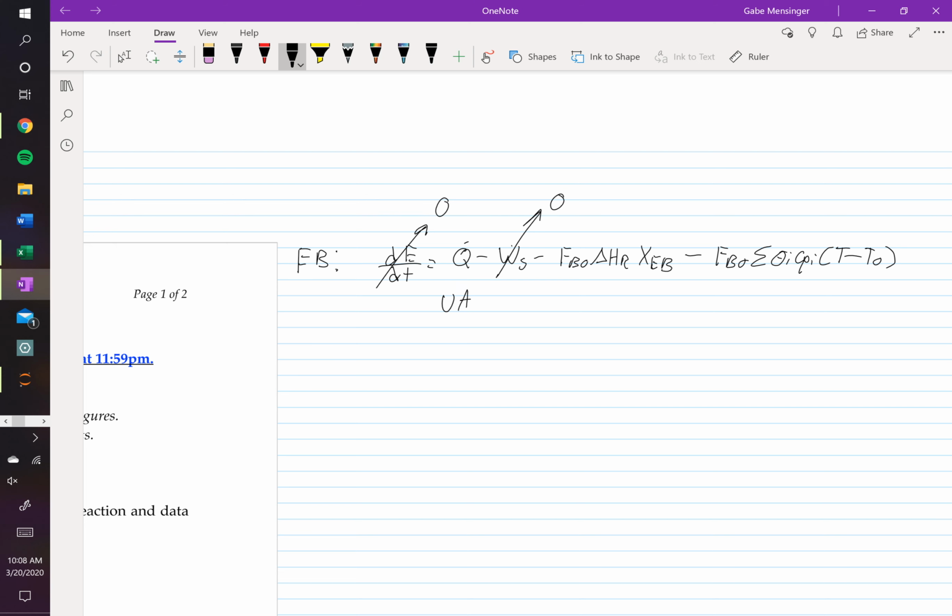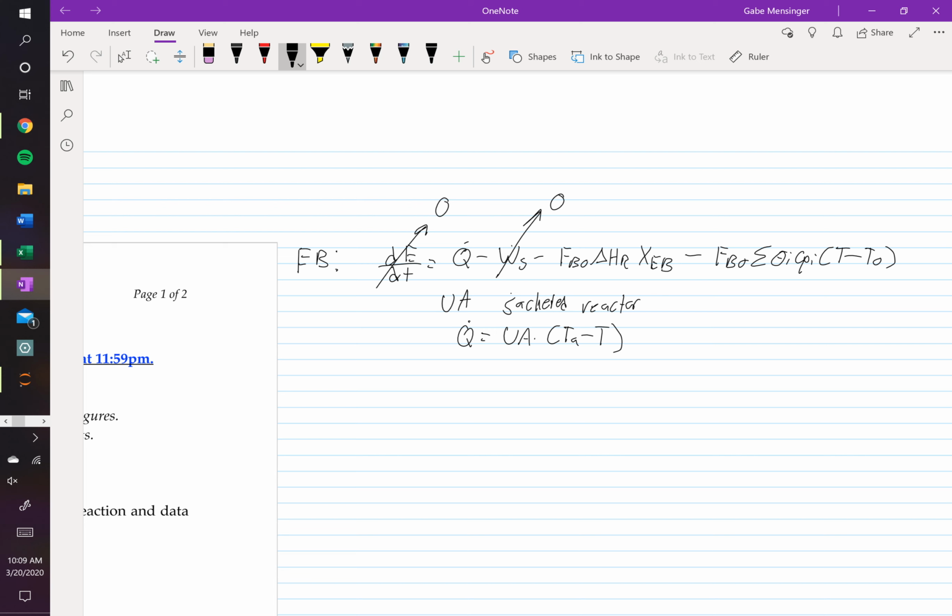We're given a UA term. So that means that this is a jacketed reactor. So Q dot is going to be equal to UA times the temperature of our cooling medium minus T.